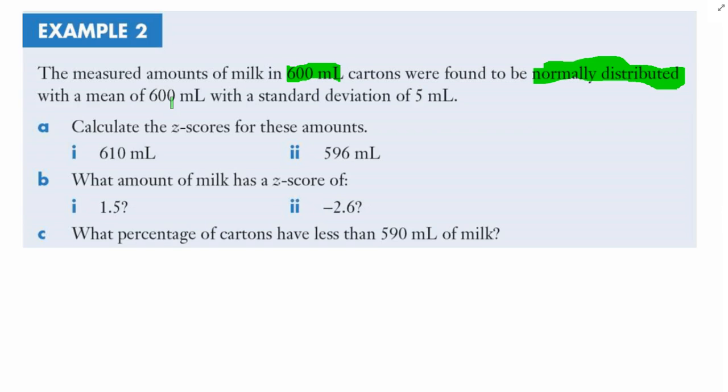Down to 590, down to 585, then a very, very small percentage have less than 585 mils. You would hope that you weren't buying a carton of milk that had 15 mils, 3 standard deviations less than it should. I'm going to draw up the normal curve and put that data on it. So I suggest you pause this video now and do the same.